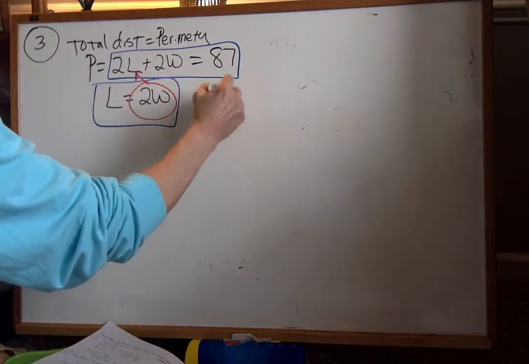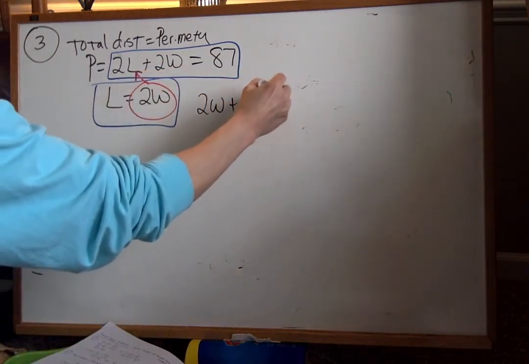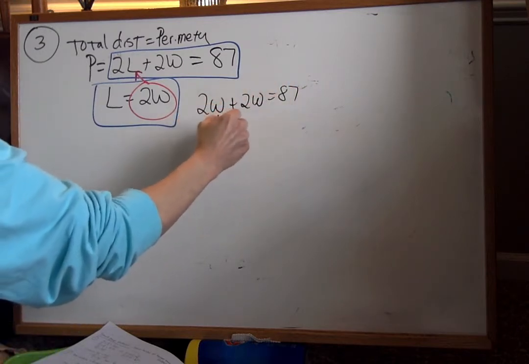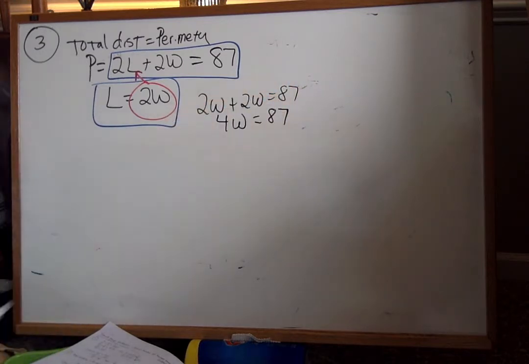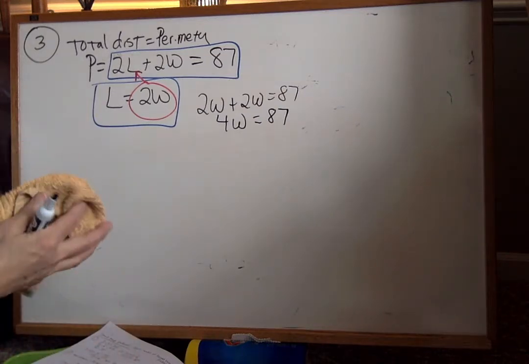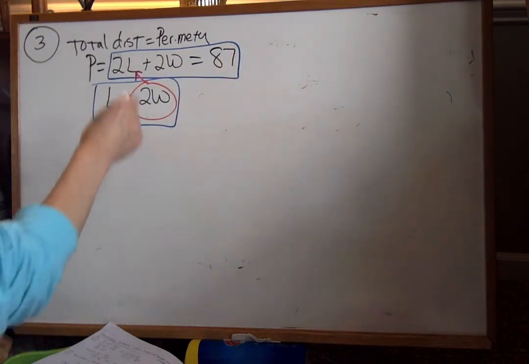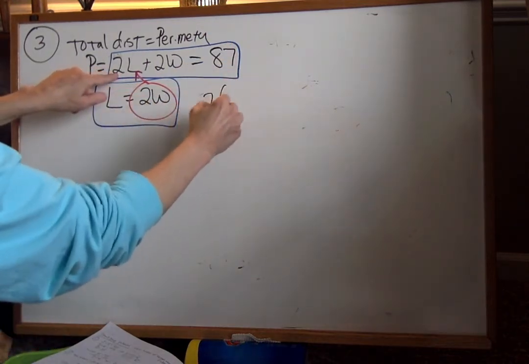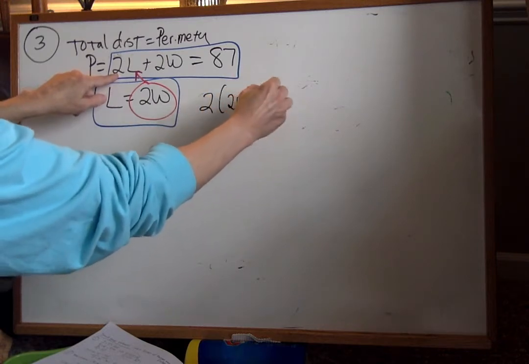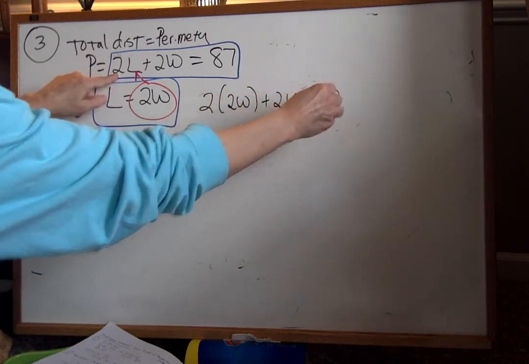So 2W plus 2W equals 87. 4W equals 87. Well, too bad, I got so excited I saw it a different way. Let's erase for a second. 2 times 2W plus 2W equals 87. How about that?